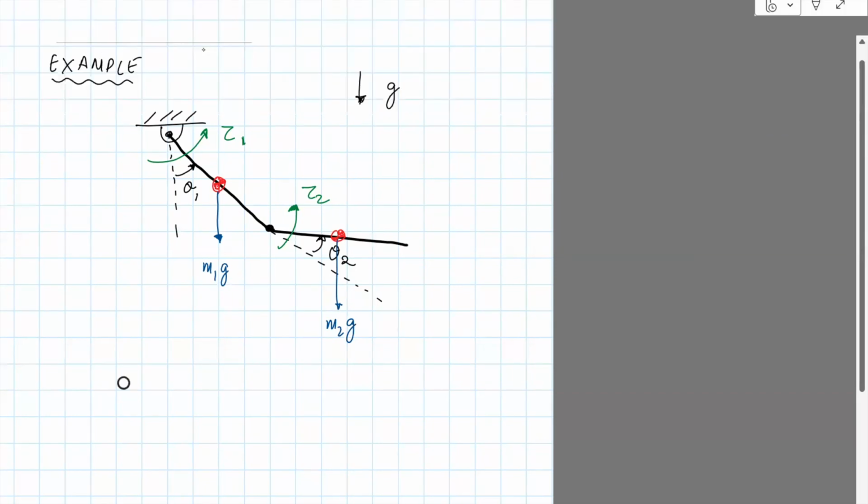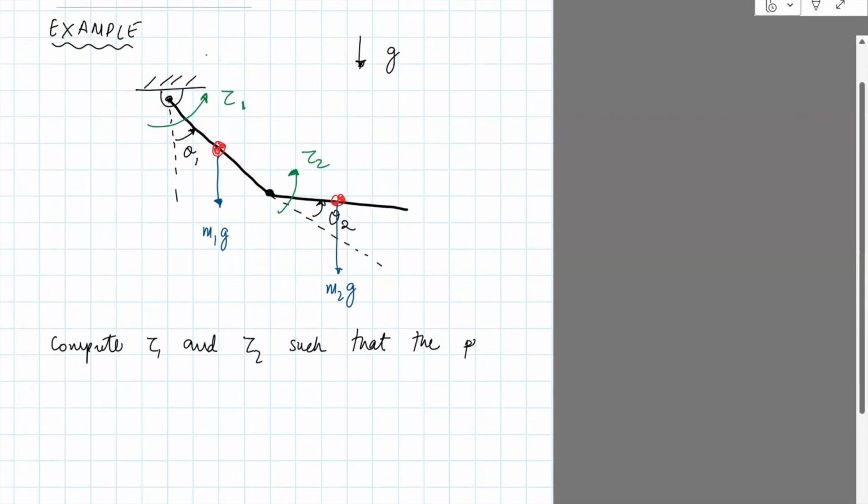So here the question is: compute tau 1 and tau 2 such that the pendulum is in static equilibrium.